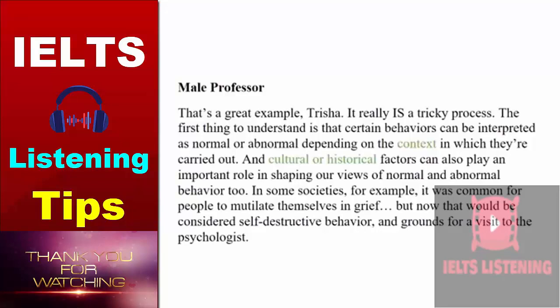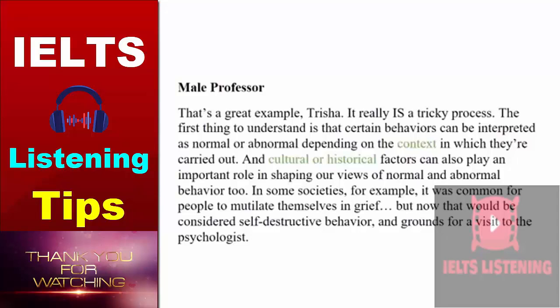And cultural and historical factors can also play an important role. Okay, so that word factors that was in the question was supplied for you. And it was also not paraphrased. It was used here by the professor. And it came quickly though, so you had to hear both factors in order to write down your answers for questions 25 and 26.